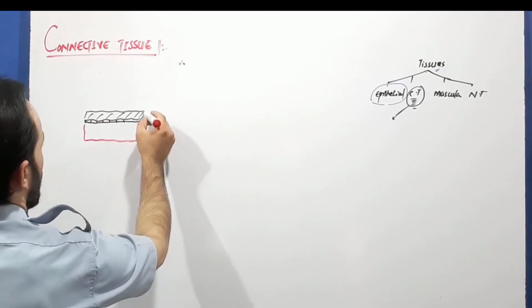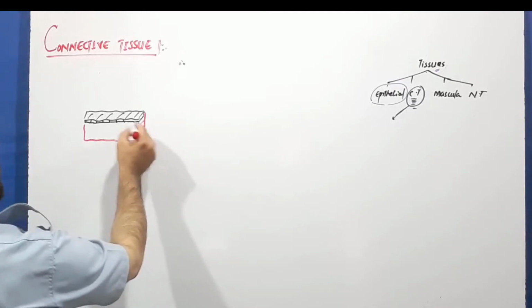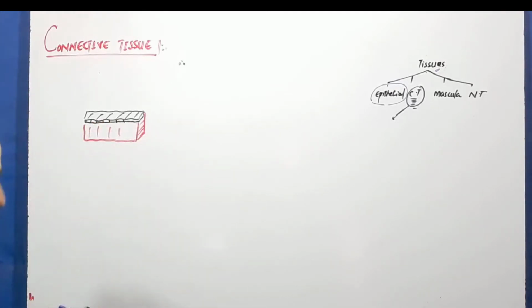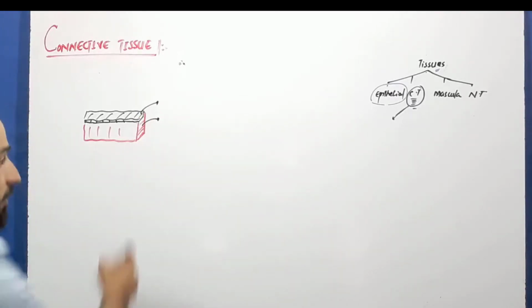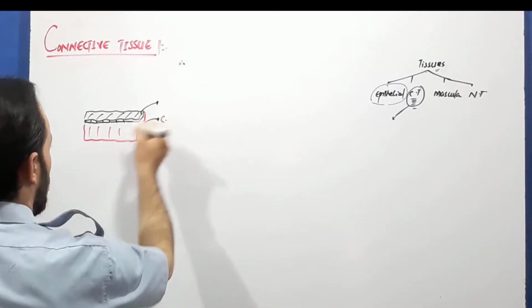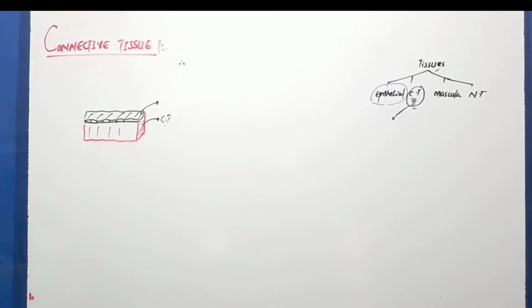For example, if you look at your skin, it is made up of 2 layers, the epidermis and dermis, and this dermis layer of the skin is actually connective tissue, right?